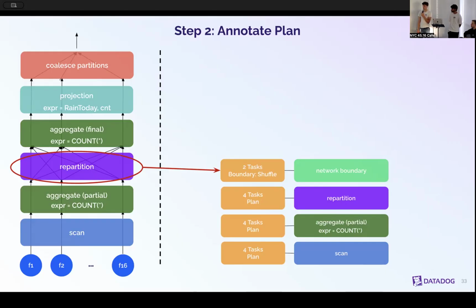Sorry, I'm confused. If we have a hot partition, how are we handling that? You said if we have data skew or sort order, what is the question exactly?